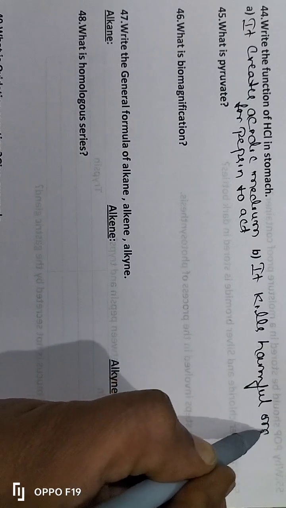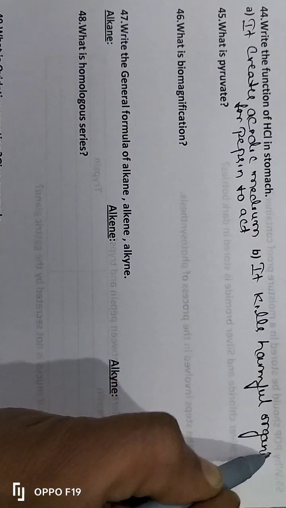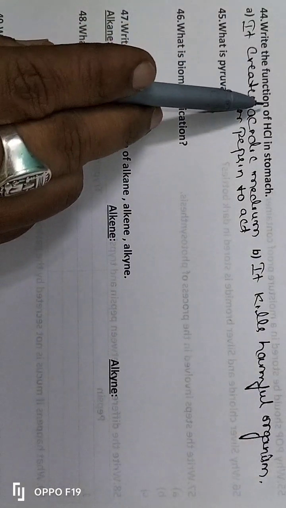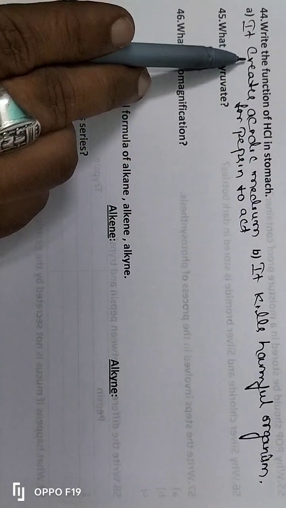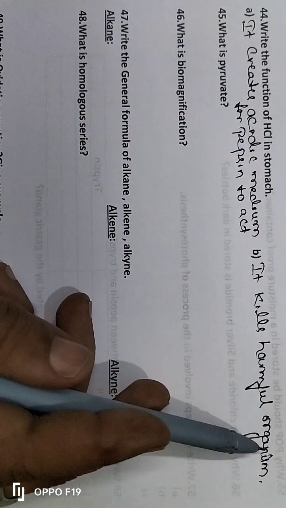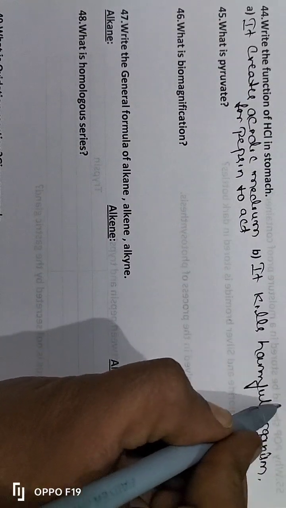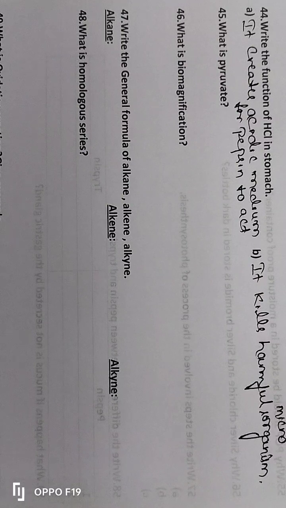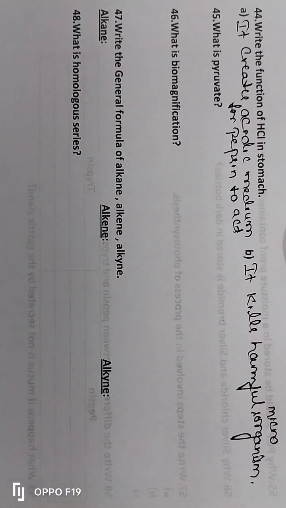What are the functions of HCl in stomach? It creates acidic medium. Second, it kills harmful microorganisms. So these are the two functions of HCl.